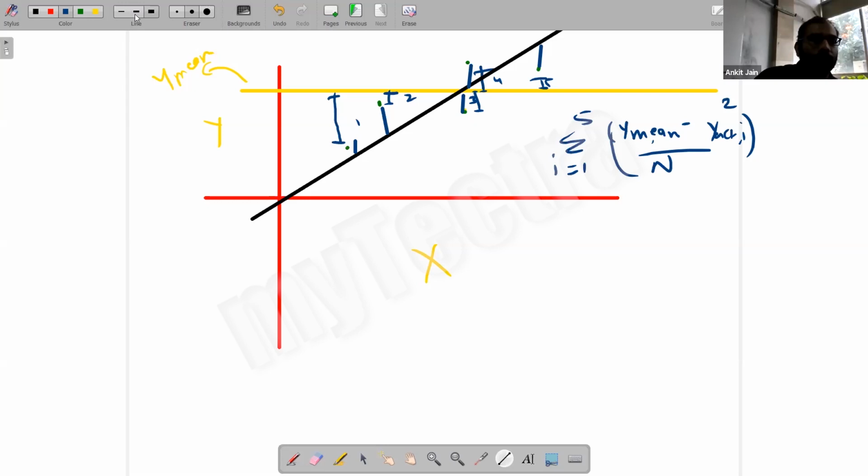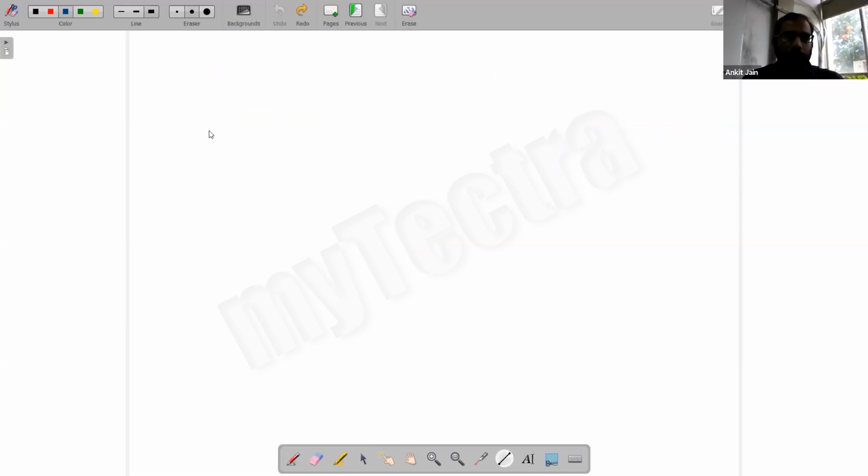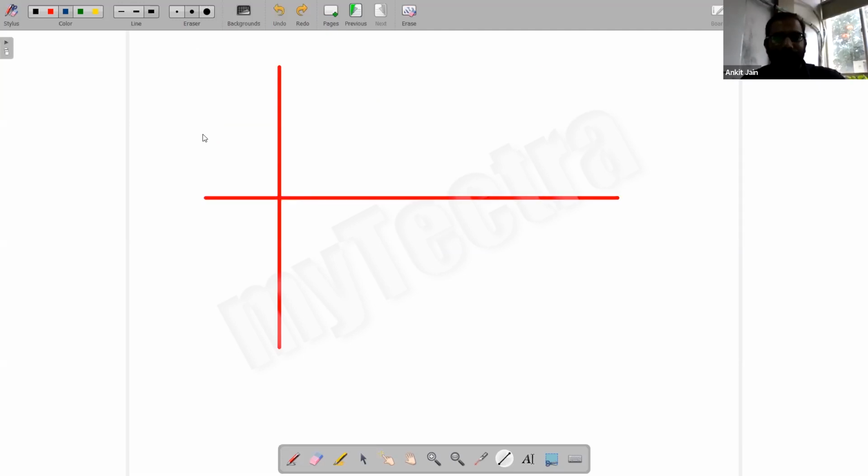I don't even need to draw this yellow line so big. I can also show it this way. So instead of this, even if I show that your y mean is here, it is okay because the value will always be this, right? Are you all able to see?